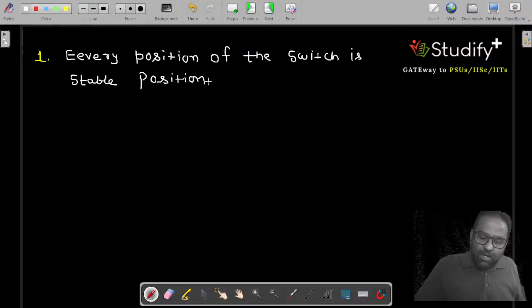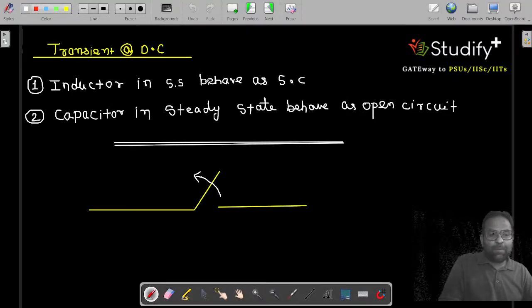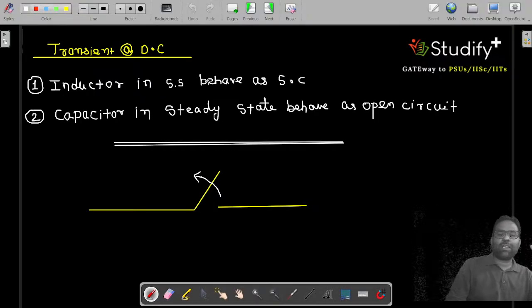Means in every position the switch will attain the steady state. What we want to say is, in every position, if the switch is open, it is open for steady state of time, and if it is closed, it is closed for steady state of time.